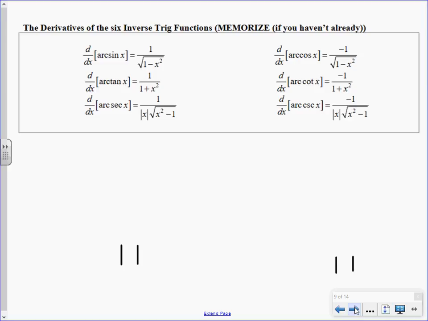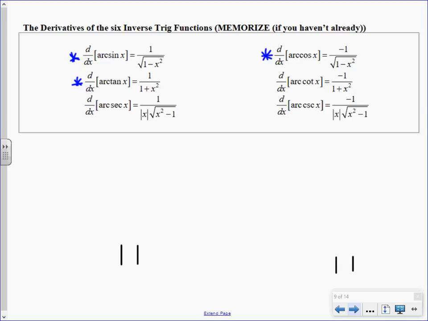In your homework, you will see all of these different derivatives. On your test, these are the 3 that you'll want to focus on. Those are the ones you'll need to remember. What's nice, inverse sine and inverse cosine have very similar derivatives. Inverse sine and inverse tangent are the 2 that you'll see on the AP test. So those 3 are ones we have to remember.